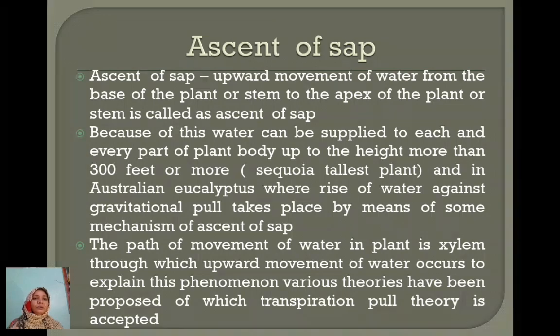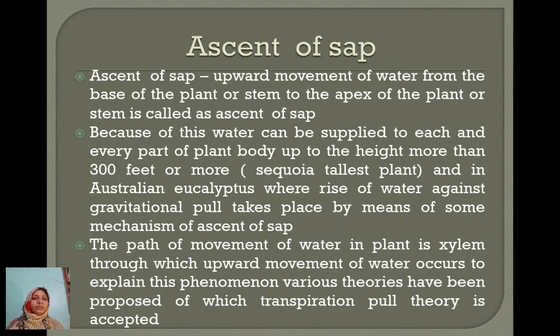It may go up to a height of more than 300 feet, as found in Sequoia, the tallest plant, as well as in the Australian eucalyptus, where the rise of water against gravitational pull takes place by means of the mechanism of ascent of sap, and the water is supplied to each and every cell at the top.